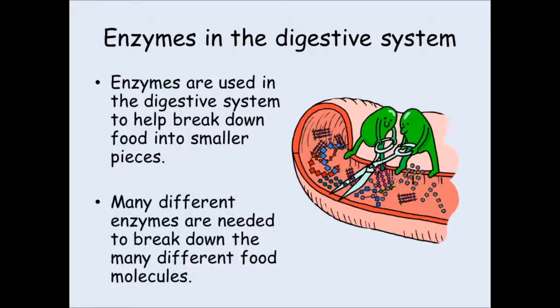Now, there are lots of different enzymes used in the digestive system because there are lots of different food molecules that need to be broken down. And remember, each specific reaction needs a specific enzyme.